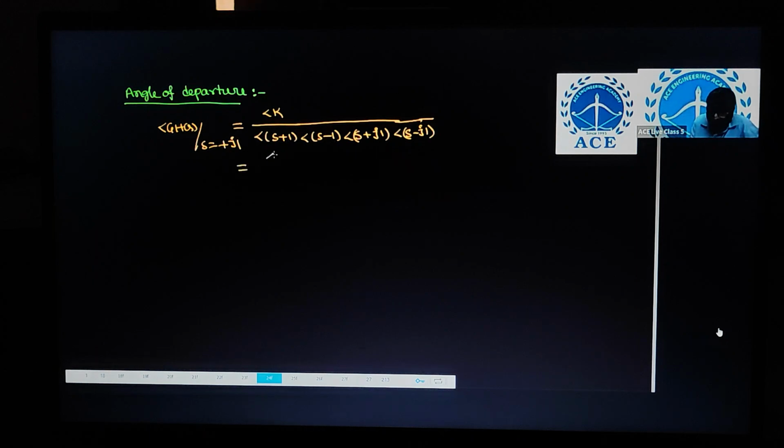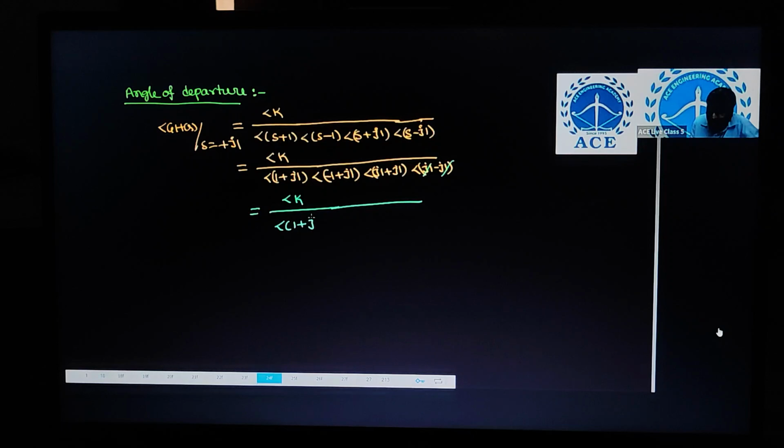So what are we getting? Angle of K by angle of (1 plus j1), angle of (minus 1 plus j1), angle of (j1 plus j1), angle of (j1 minus j1). This cancels. Now the answer: angle of K is 0.